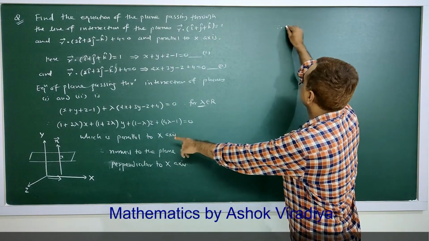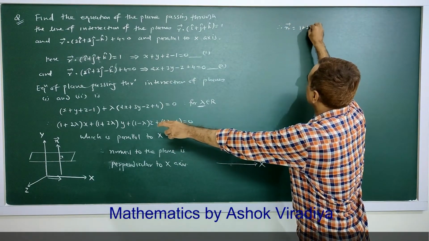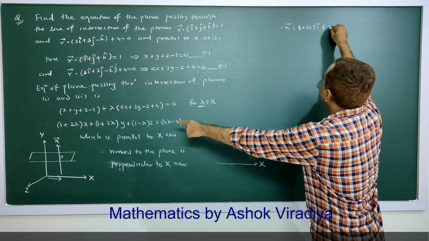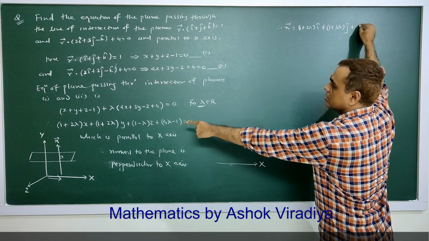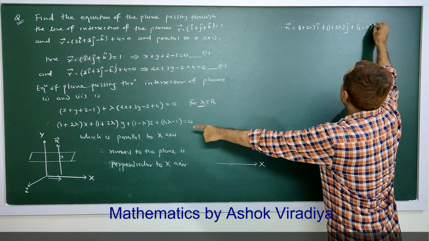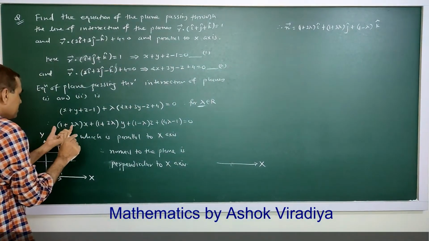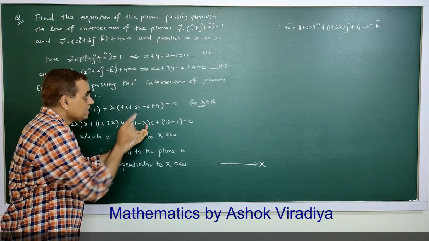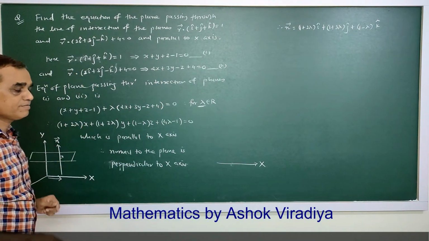Therefore, if we say vector n is (1 + 2 lambda) times i + (1 + 3 lambda) times j + (1 - lambda) times k, from this equation ai + bj + ck is normal to this plane.